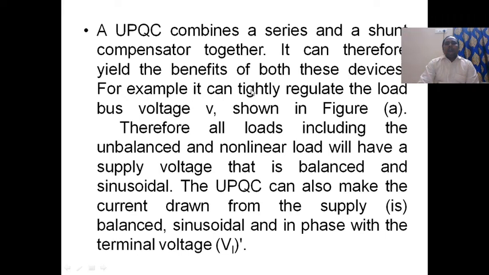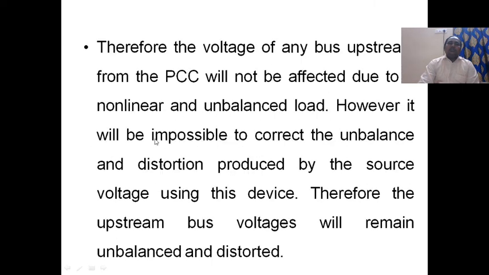For example, it can tightly regulate the load bus voltage V shown in figure A. Therefore, all loads, including unbalanced and non-linear loads, will have a supply voltage that is balanced and sinusoidal. The UPQC can also make the current drawn from the supply balanced, sinusoidal and in phase with the terminal voltage.